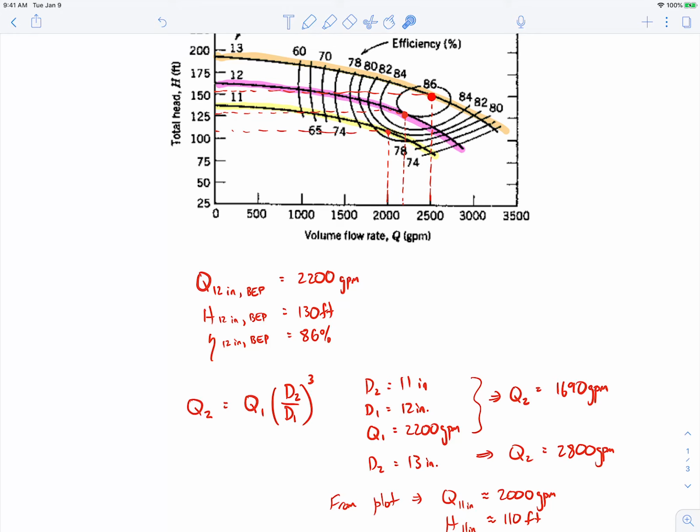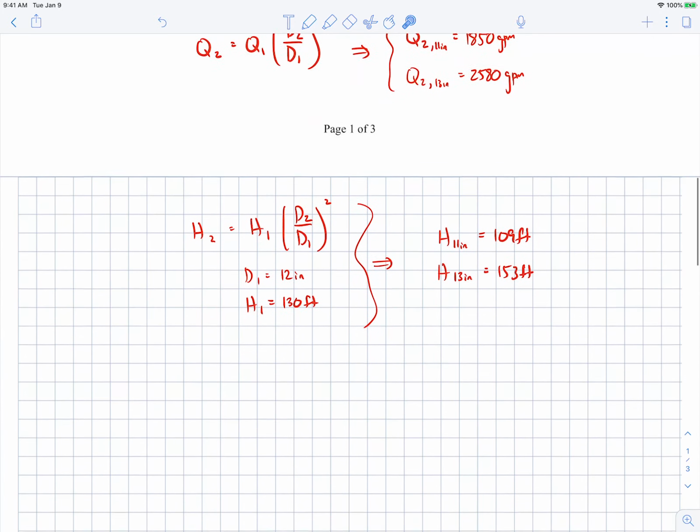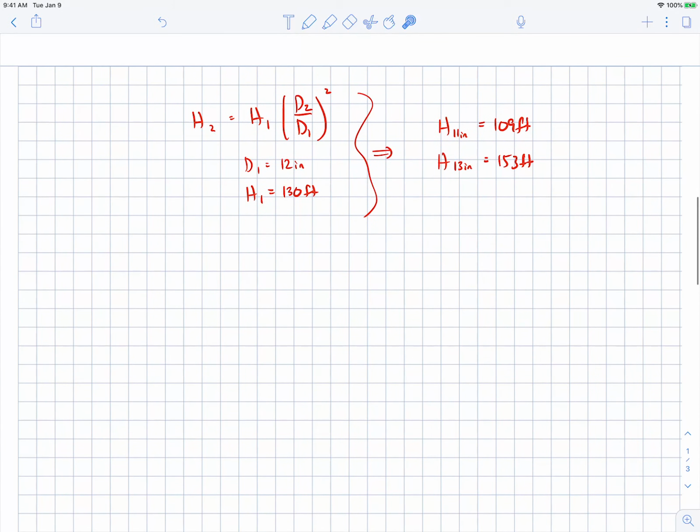And then for the 13-inch impeller, it's right here. That might be something like 87%. Okay, so let's see what the predictions are for that. So there was an empirical formula for scaling the efficiencies. Looks like this. This comes from our notes talking about this topic. So that's, again, an empirical formula.